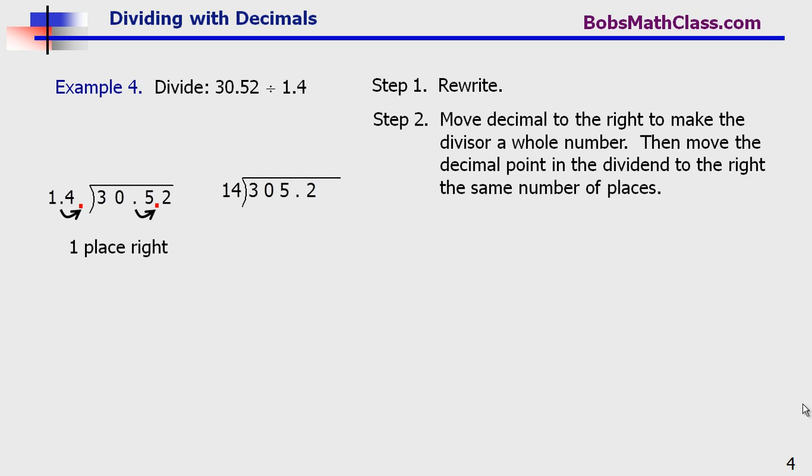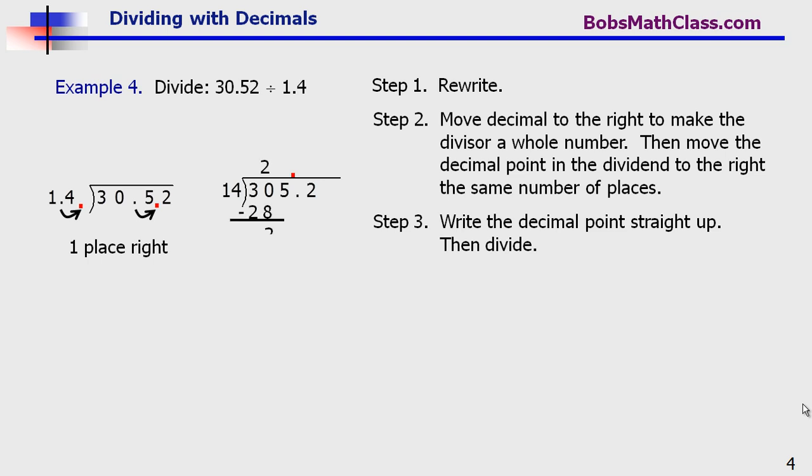Now we can start dividing. 14 into 30. Almost forgot to put that decimal point. 14 into 30 goes twice. Bring down the 5. 14 into 25, just once, 2 would be too much. Subtract to get 11.